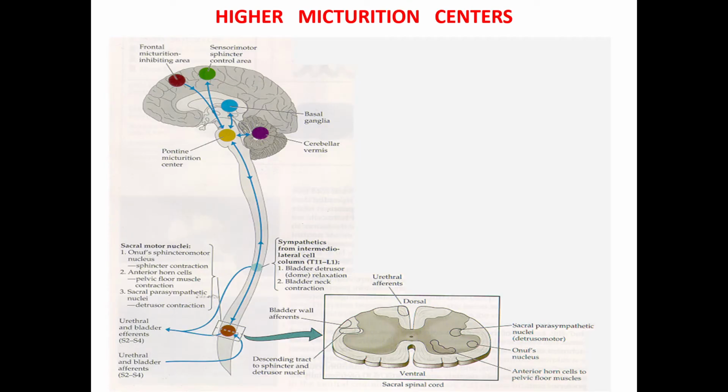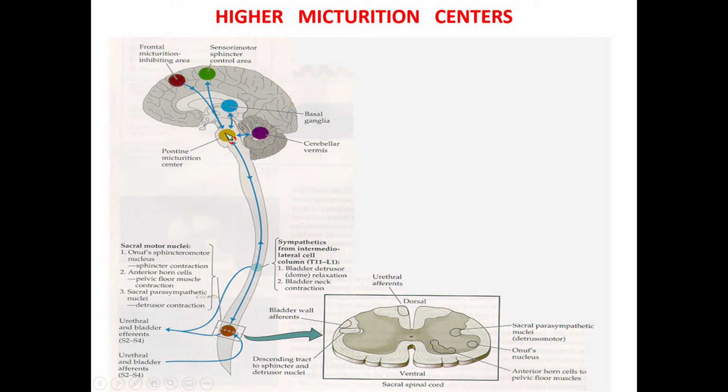Now we have different types of micturition centers. Micturition centers are present in the sacral region. This brownish area is the micturition center present in the sacrum, at S2, S3, S4. It is locally controlled and supplies your urinary bladder. Then if you move up into the brain, you have the pontine micturition center.